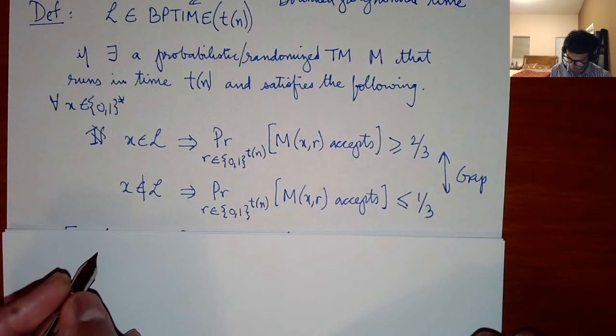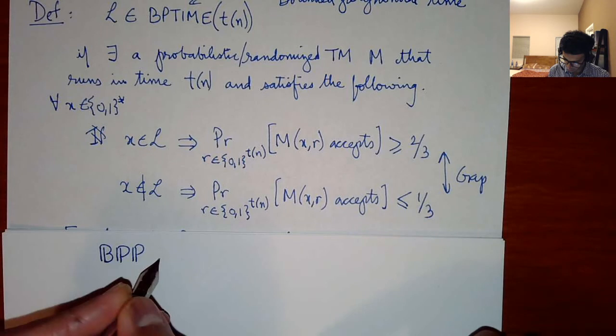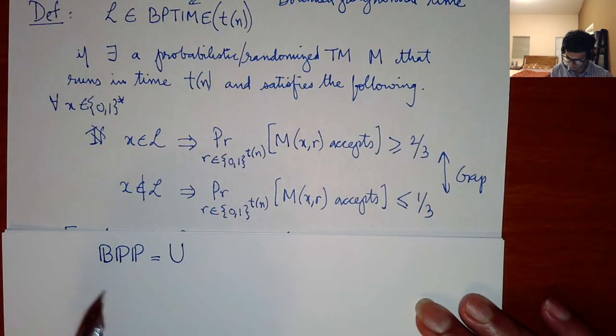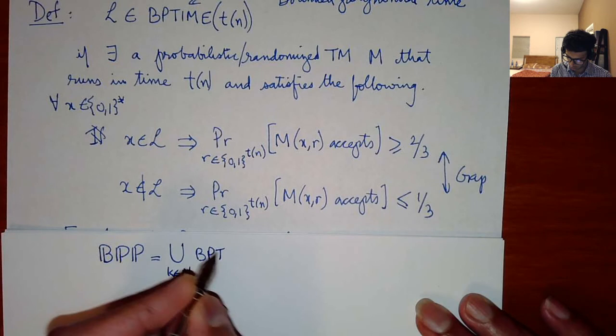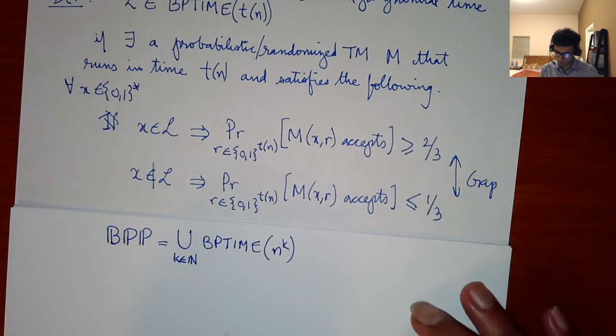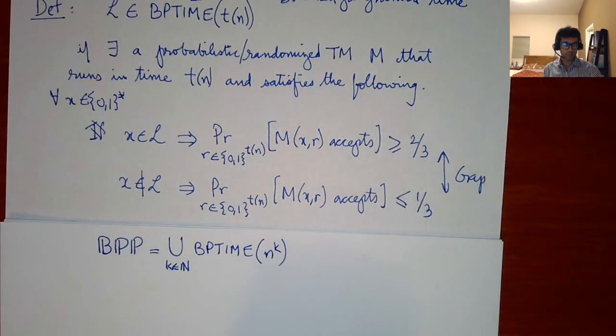BPP, which is bounded probabilistic polynomial time, the bounded probabilistic version of P, is by now just all polynomial time randomized Turing machines with this property, the languages accepted by them. This is BPP, bounded probabilistic polynomial time.